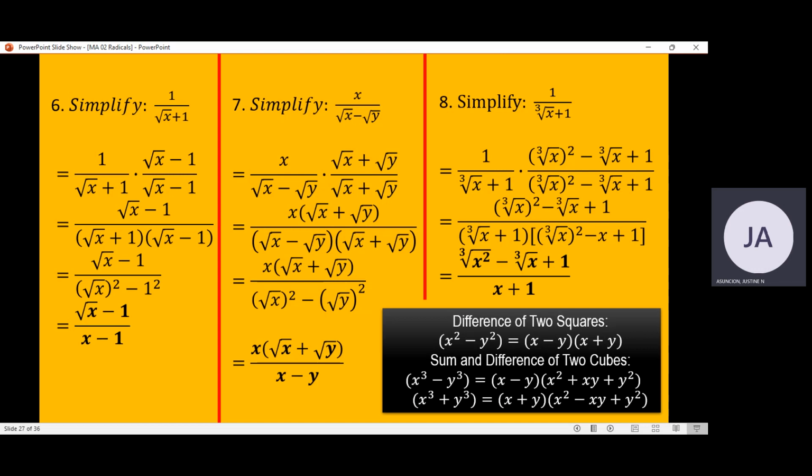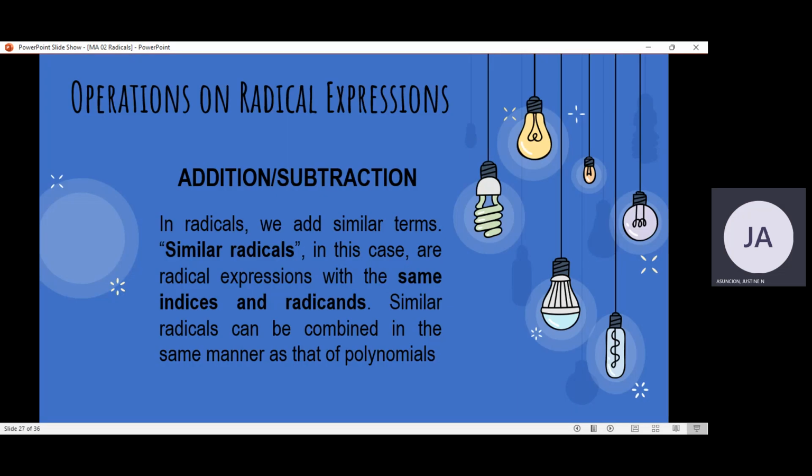So remember again, be careful on what expression you will multiply on both the numerator and the denominator. Make sure you eliminate the radicals in your denominator and also that you have the perfect root. And then for the last discussion, we'll discuss the operations on radical expressions.